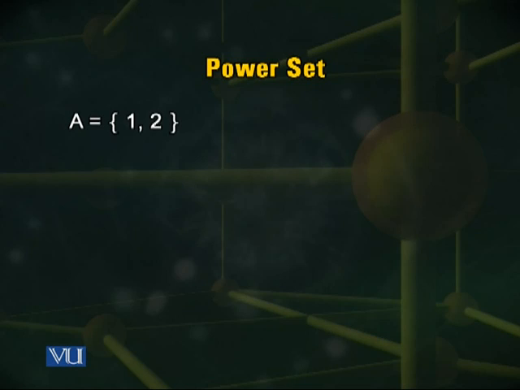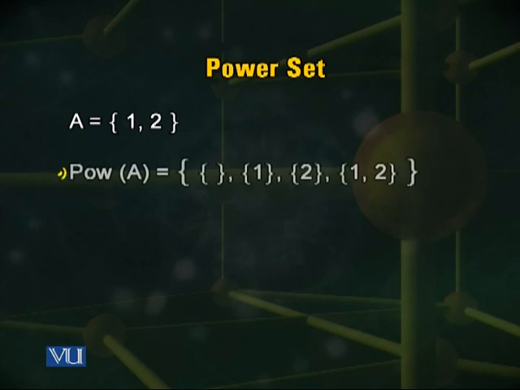As you will see in the slide, if we have a set A which contains elements 1 and 2, then its power set contains 4 subsets of A. They are the empty set, the set with element 1, the set with element 2, and the set with elements 1 and 2, the set A itself. So the power set of a small set like A, which contains only 2 elements, contains 4 elements, including the empty set and the set itself.